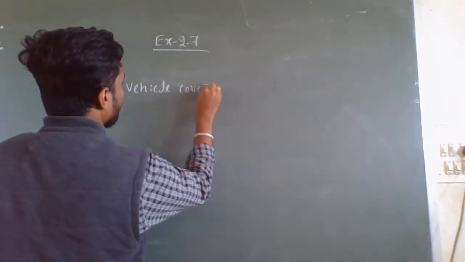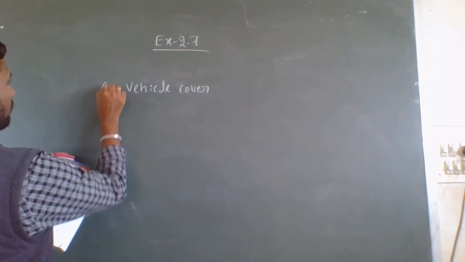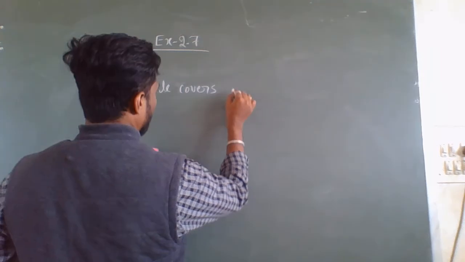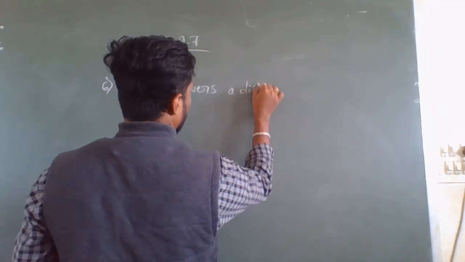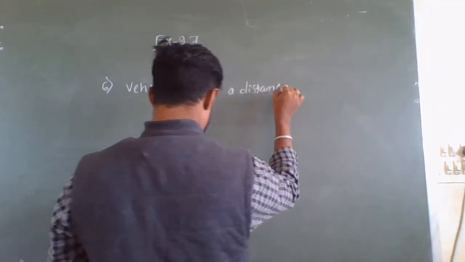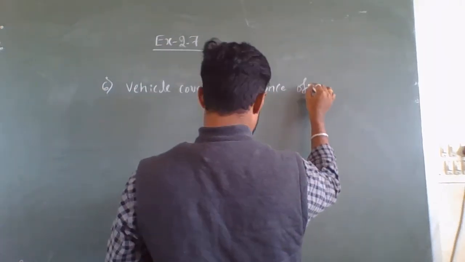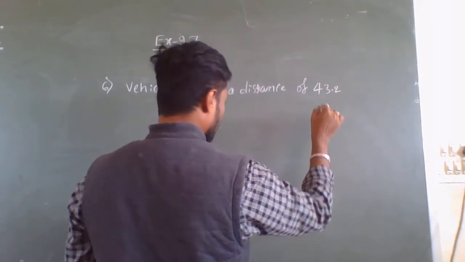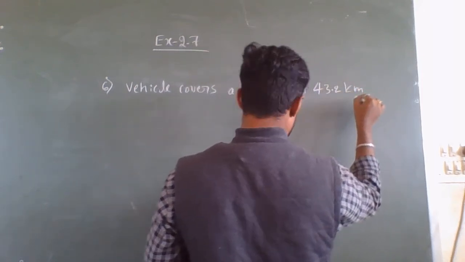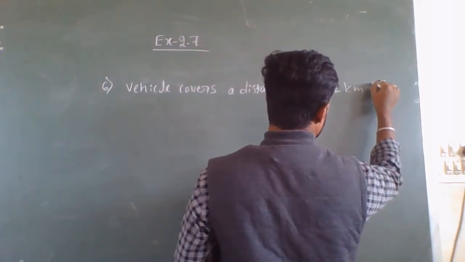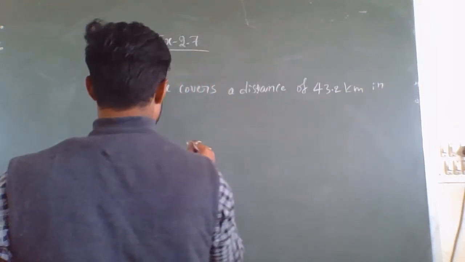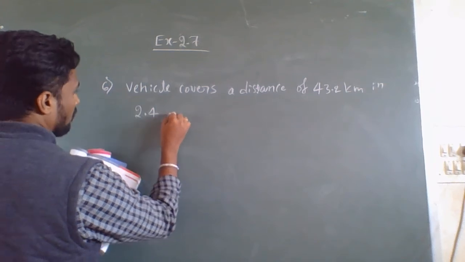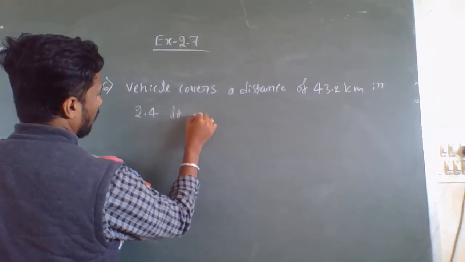This is the sixth problem. A vehicle covers a distance of 43.2 kilometer in 2.4 liters of petrol.